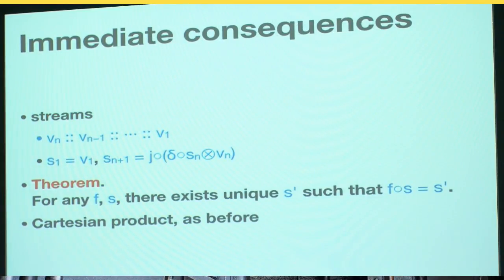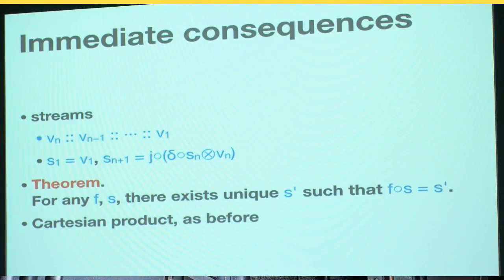So with this delay, and the joining of the wires, I can define a notion of streams, where a stream is simply a value and then a join with a delay and then another value, and then a delay and then another value, and so on.